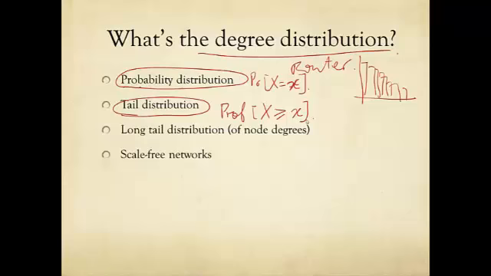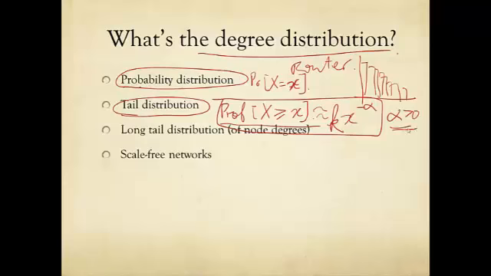It turns out that if you look at either the AS or router level, although the router level graph is what we're focusing on right now, the tail distribution roughly follows x to the power minus alpha with some constant k in front of it. This alpha here is a constant parameter that describes the decay of the tail distribution.